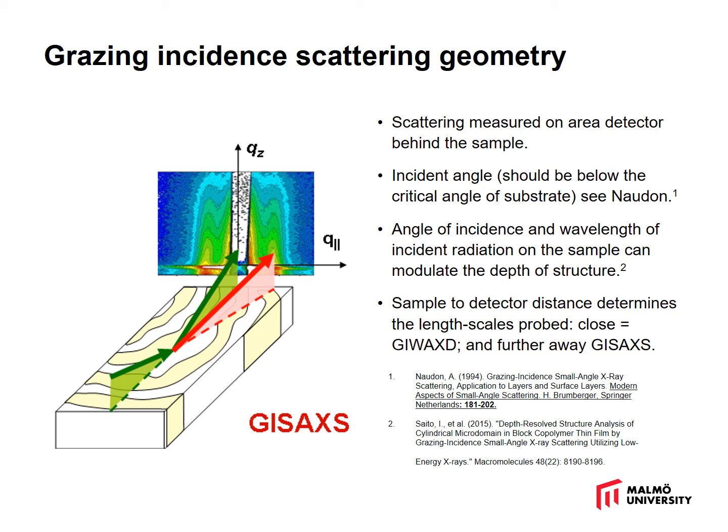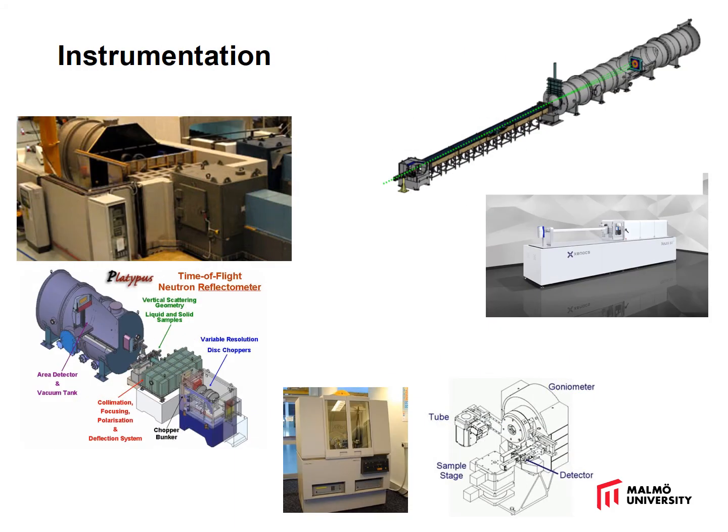This will be a recurring theme. In the examples that I gave, we started off with the detector further away with the first example, that is the block copolymer structure, and the experiments considered much smaller length scales by moving the detector closer to the sample. And again, this will be a recurring theme. I'll talk about that more later.